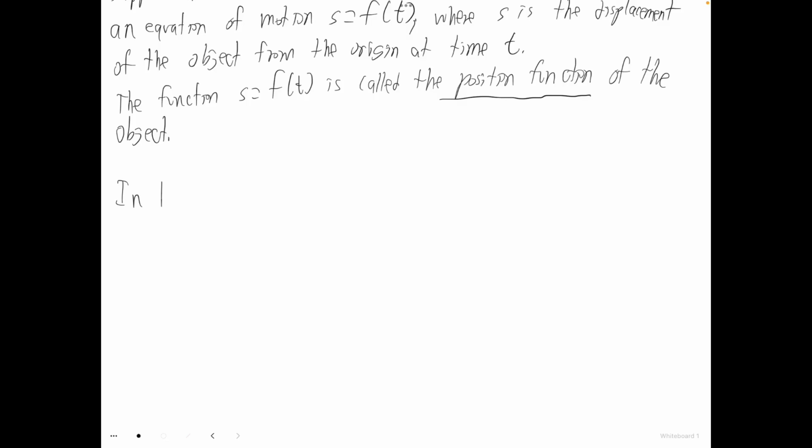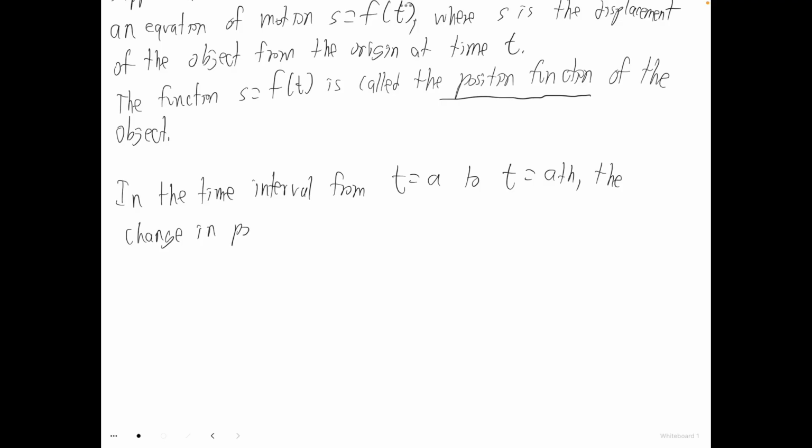So in the time interval from time t equals a to t equals a plus h, the change in position is going to be f of a plus h minus f of a.